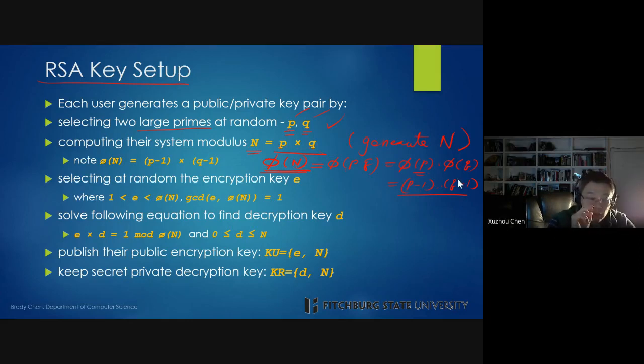Now, let me explain this. At this moment, we generated two prime numbers, p and q, and we multiplied them to find n. With this n, we can easily find the Euler totient function, which is p minus 1 times q minus 1.